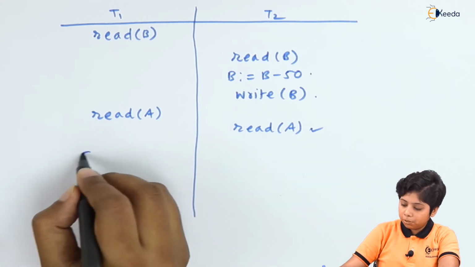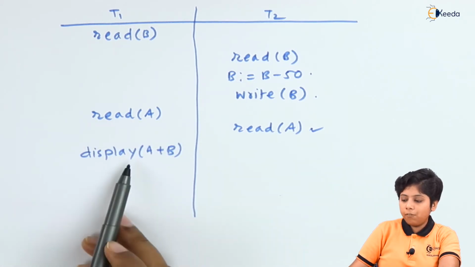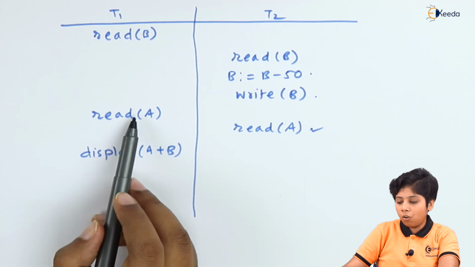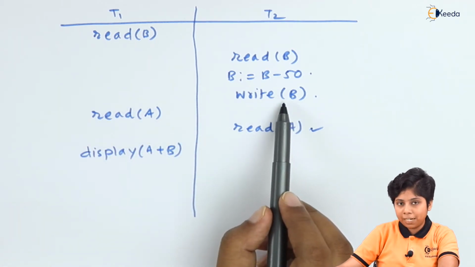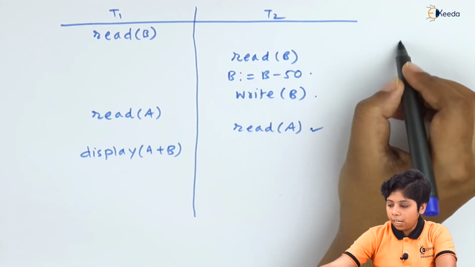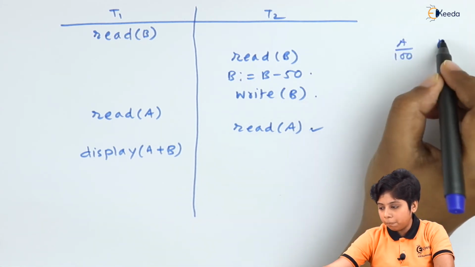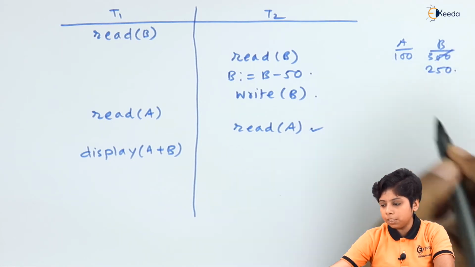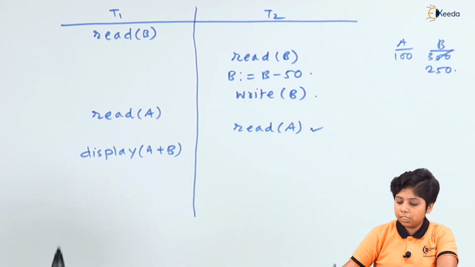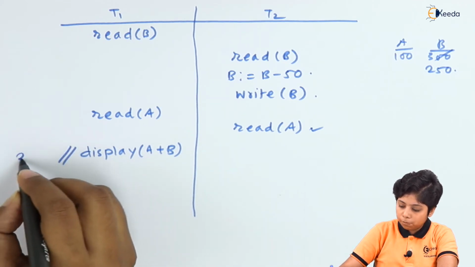Now if we perform display A plus B, we have the previous value of A and the new value of B, because B has been updated by T2. So if A contained 100 and B contained 300, B now becomes 250, and we will have 350 in the result of this display.